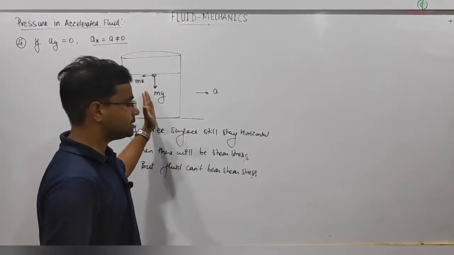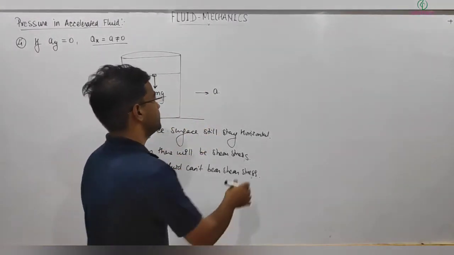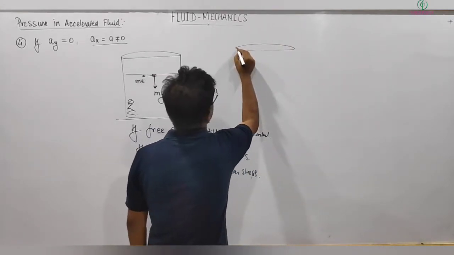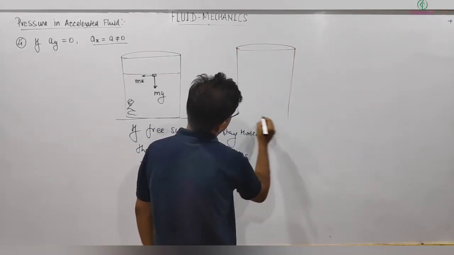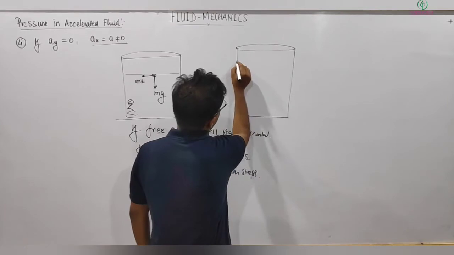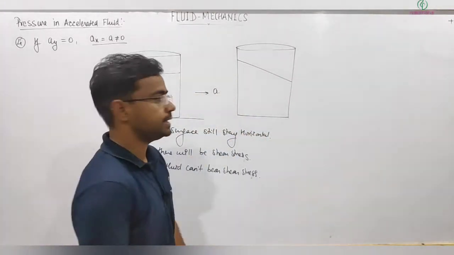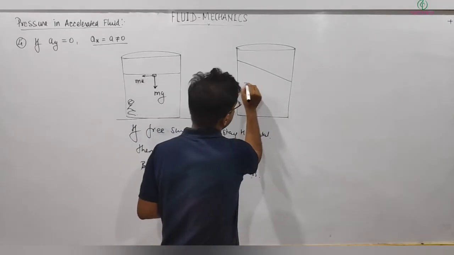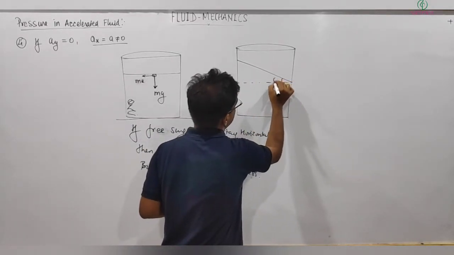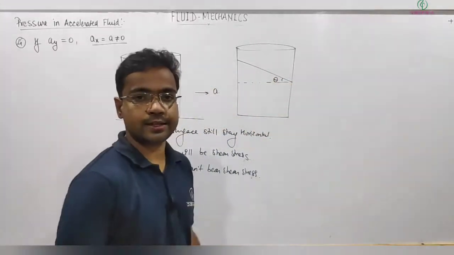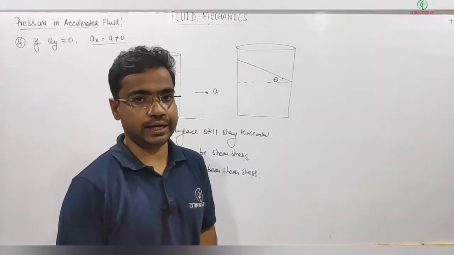When the system is given some horizontal acceleration, the orientation of the free surface changes and it becomes something like this, right? And we can even calculate exactly at what angle theta this free surface will incline.